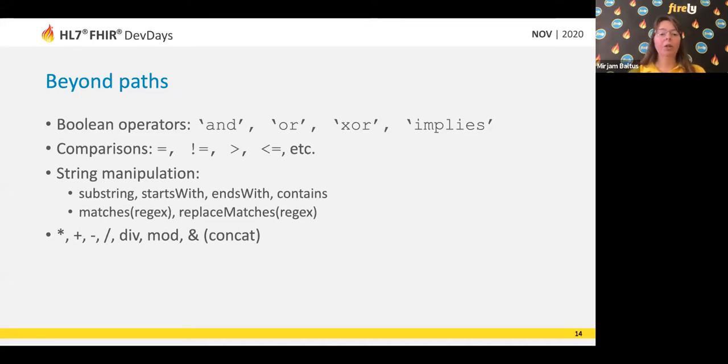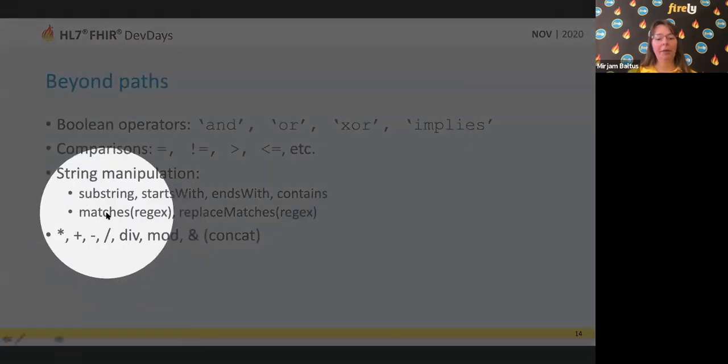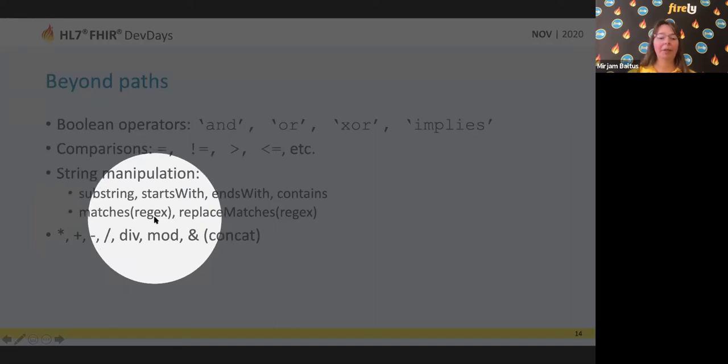Of course, you can also do comparisons. So if you have any numbers or dates or things like that, you can use the comparators that we have on the slide. And if you have strings, you can do nice things with manipulation. I kind of like the matches one because you can check whether a particular string matches a regular expression that you give.